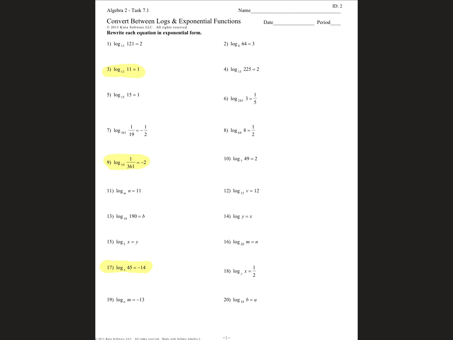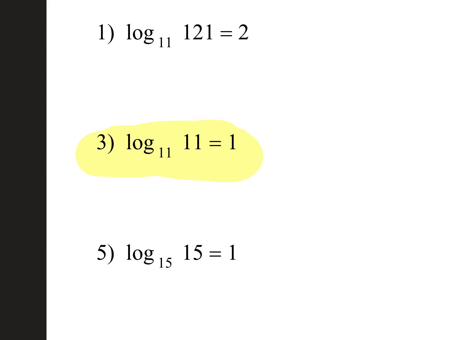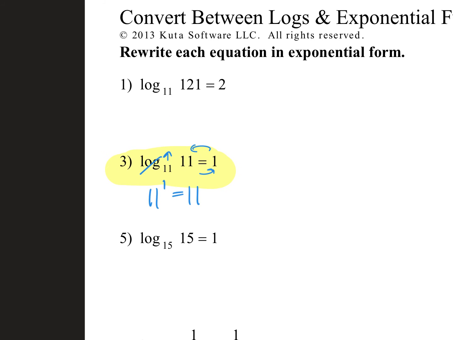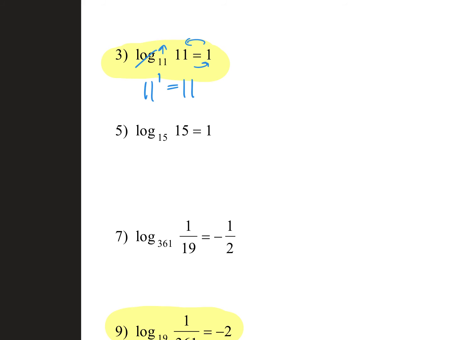All right, look at this one. These are a little different, but we're going to do the same thing. You're not evaluating this. This is already evaluated. I'm in logarithmic form. How do I go to exponential? 11. So log goes away. 11 becomes my big number. Then what happens with 1 and 11? First power. Yep. 11 to the first power equals 11. Good. And if it was just 11 to the 0 power, it'd just be 1.